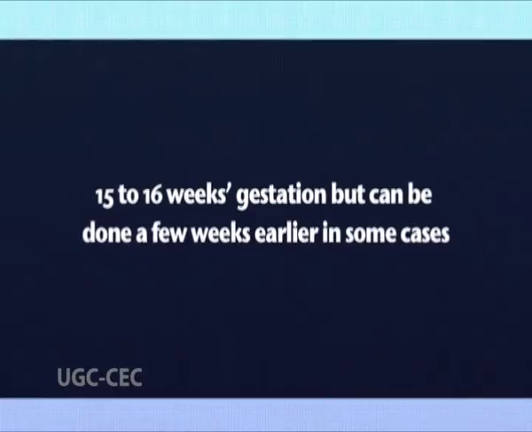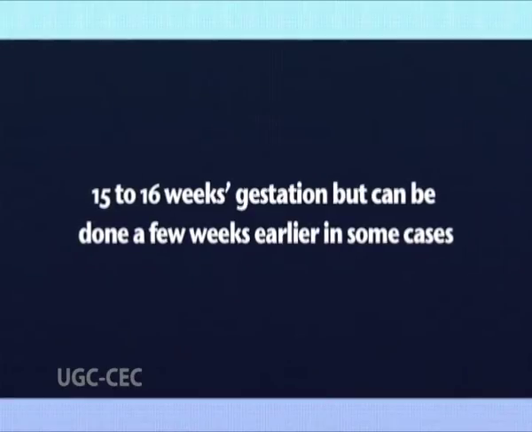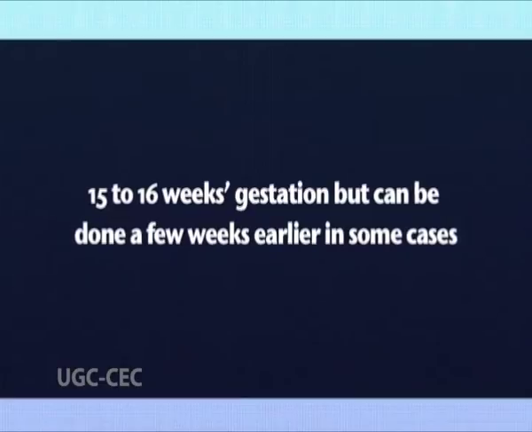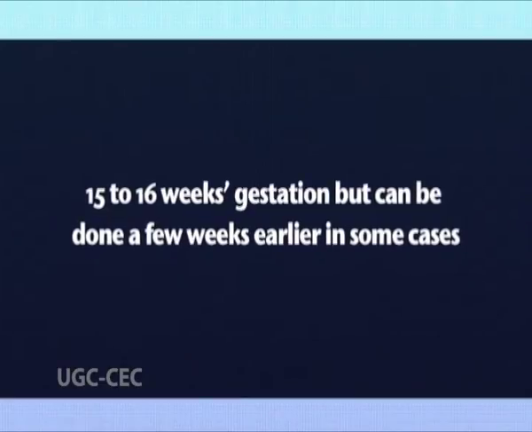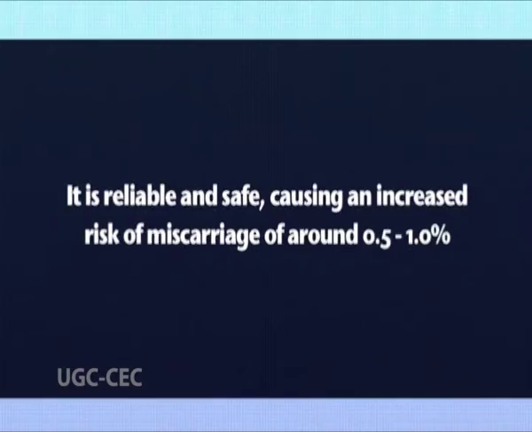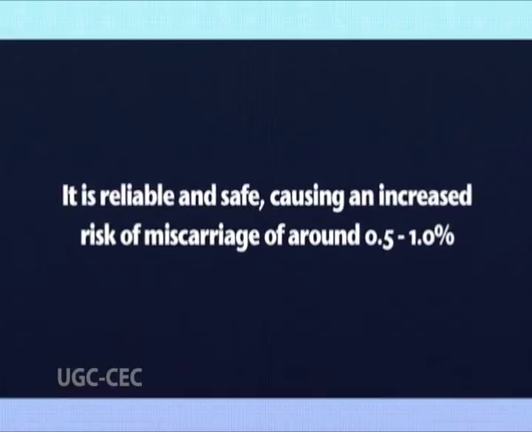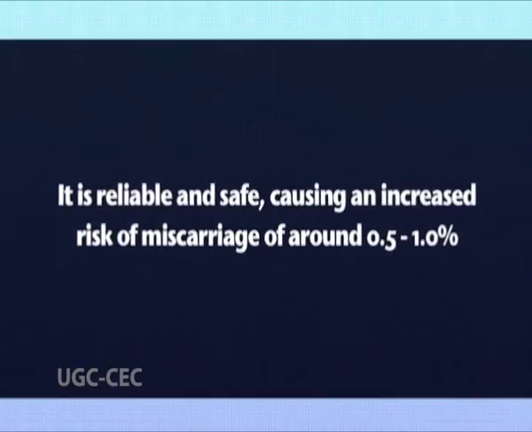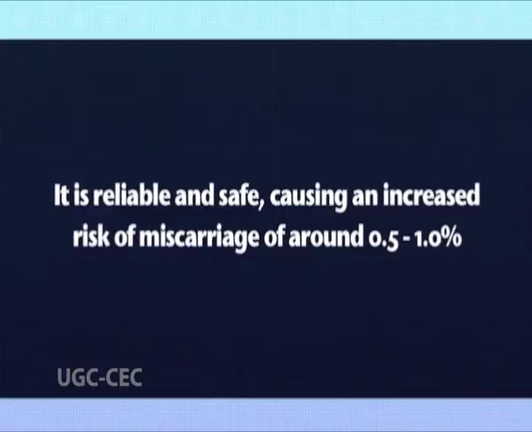It is usually performed at 15 to 16 weeks gestation but can be done a few weeks earlier in some cases. It is reliable and safe, causing an increased risk of miscarriage of around 0.5 to 1%.